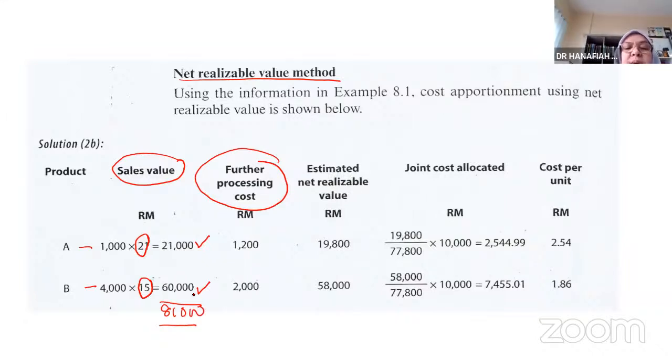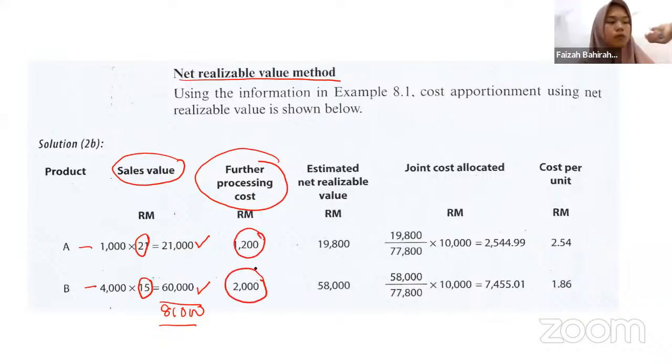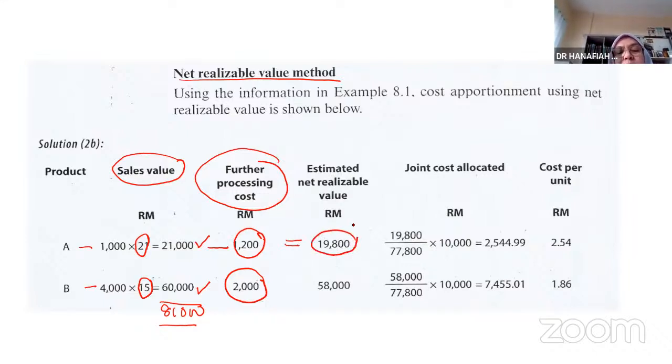If you look here, it is 81,000. However, you have to look at the further processing cost. If you look at the further processing cost, you have 1,200. From the sales value here, you have to minus 1,200, where you only get the net realizable value of 19,800.